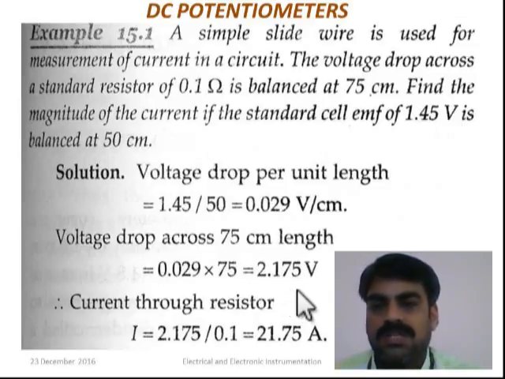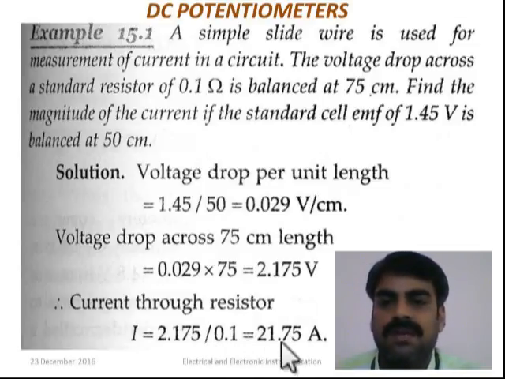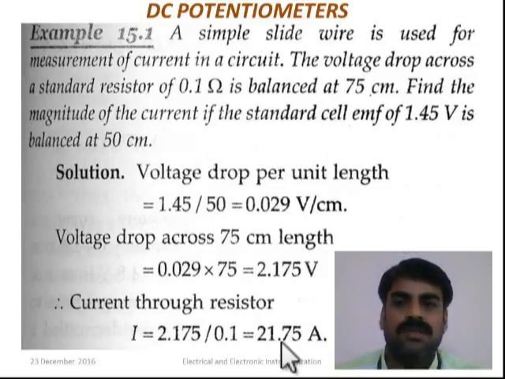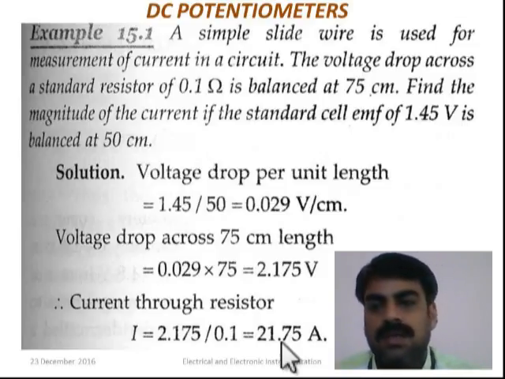Therefore the current through the resistor is I equals 2.175 volt divided by 0.1, which gives 21.75 amperes. So this is how we can use the potentiometer to measure the current through the resistor.